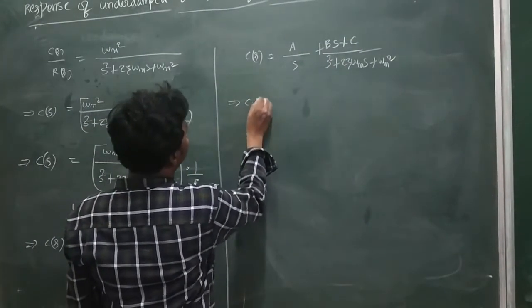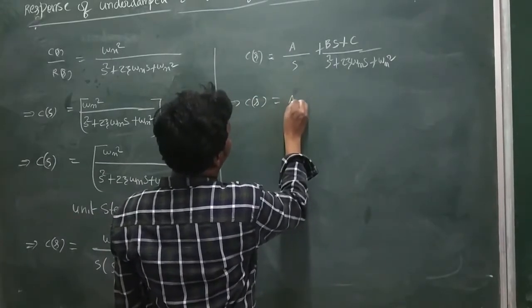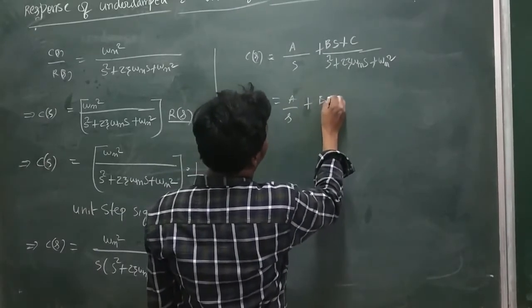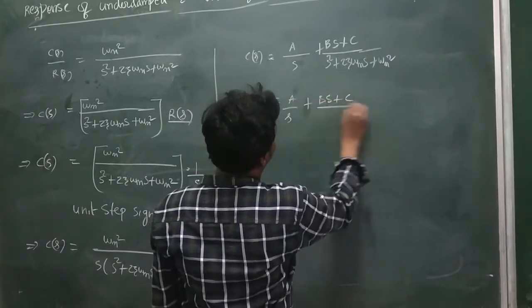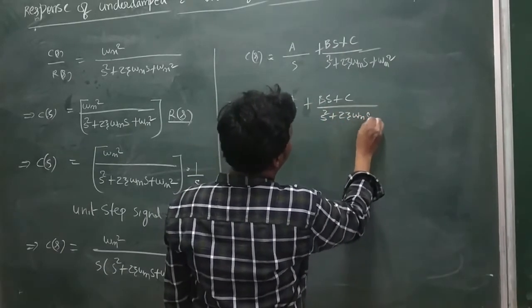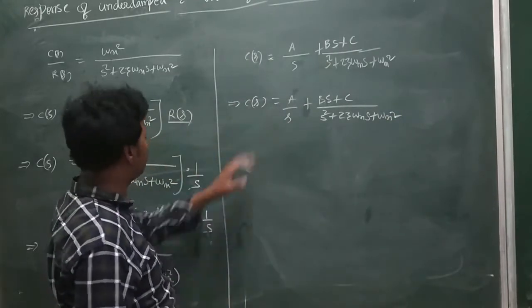So C of s is equal to A by s plus Bs plus C by s square plus 2 zeta omega n s plus omega n square, right? So what is C of s here?